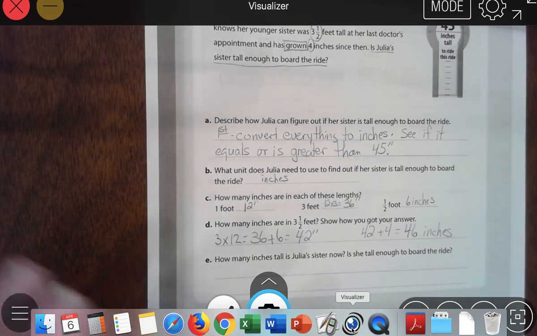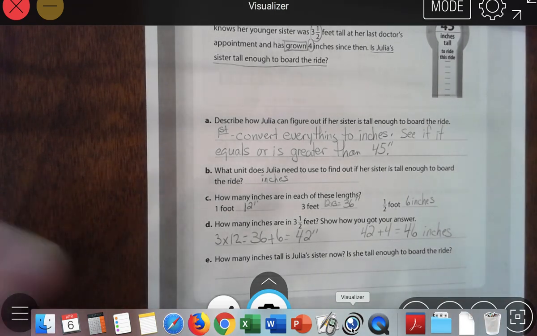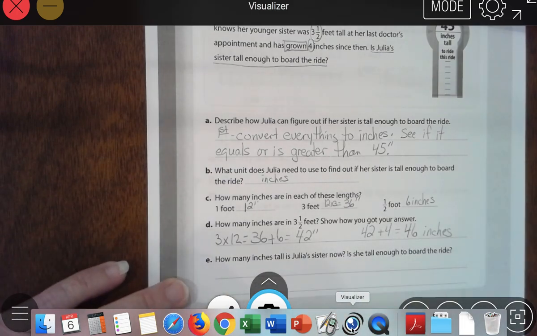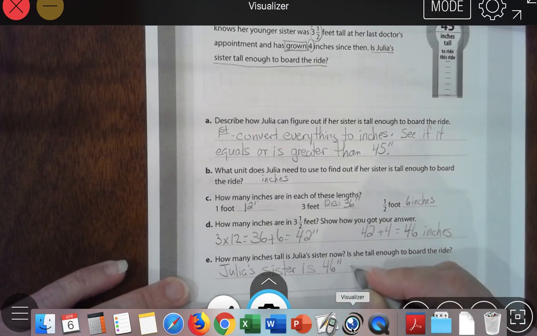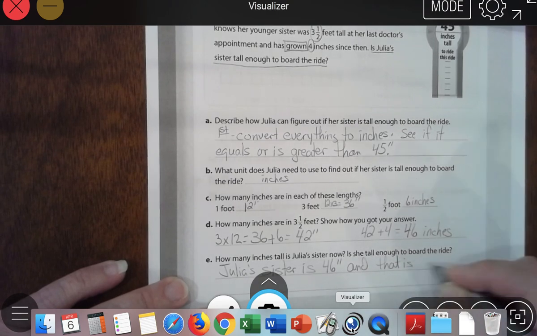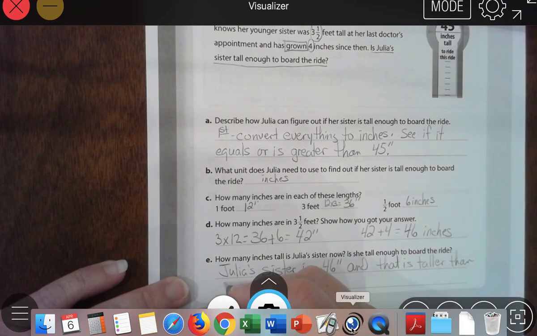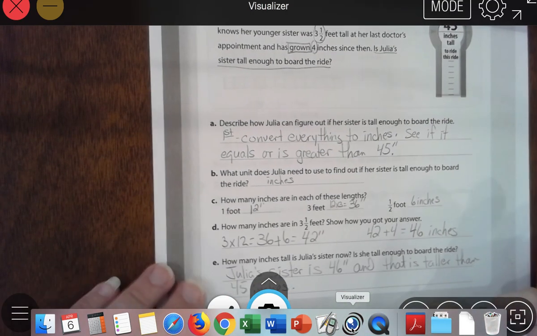Will she be able to go on the ride? Yes, because she is 46 inches, and that is taller than 45. All right, so there's our first page.